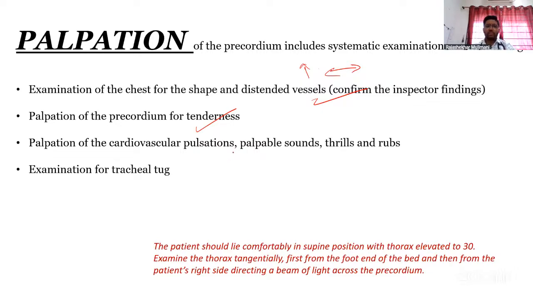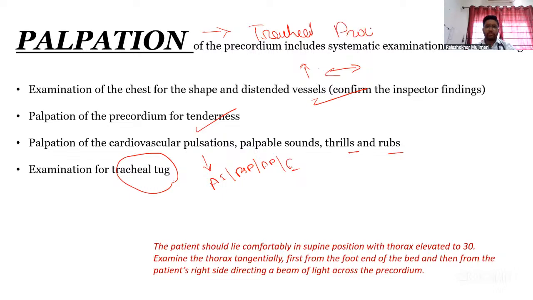Then you need to palpate for the cardiovascular pulsations that you have seen, or if they are not seen, you are specifically going to look for the apical impulse, parasternal pulsations, and the aortic area, pulmonary area, the epigastric area, and all these things. Look for any palpable thrills or rubs, and you also need to examine the trachea. You should confirm the position of the trachea before proceeding further.